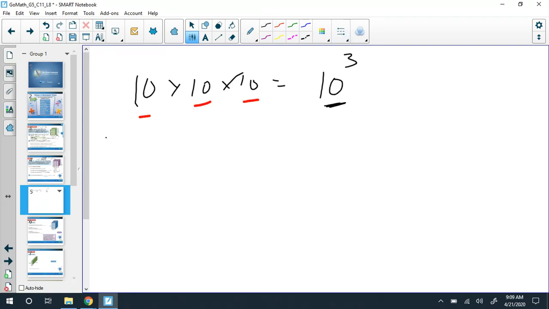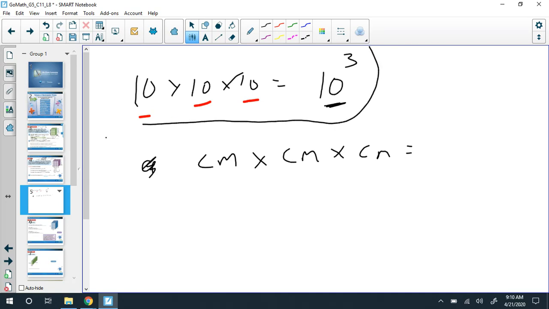We can do the same thing with variables. So if we wanted to put a into a problem, we could do it with a. We can also do it when we're working with units. So for example, when we're working with centimeters, if we have centimeters times centimeters times centimeters, then we can think of this in the same way that we thought of this problem up here.